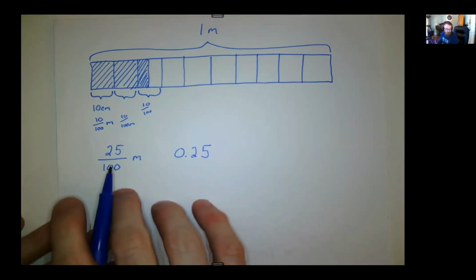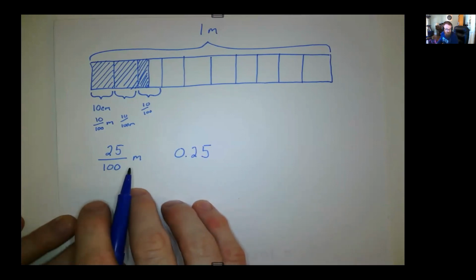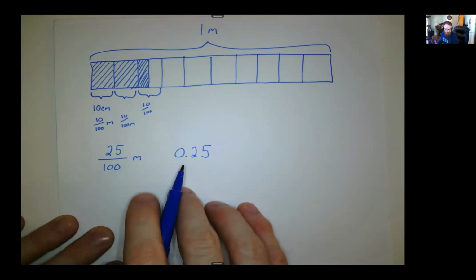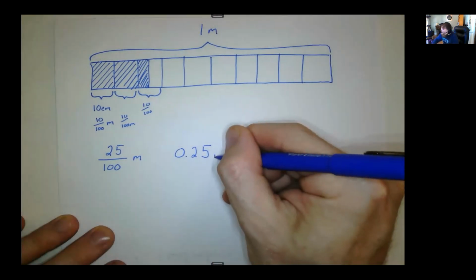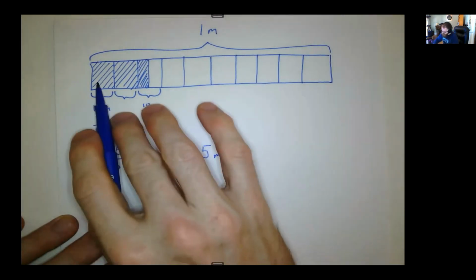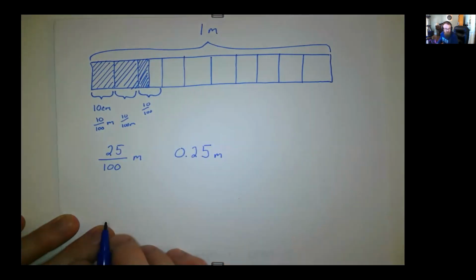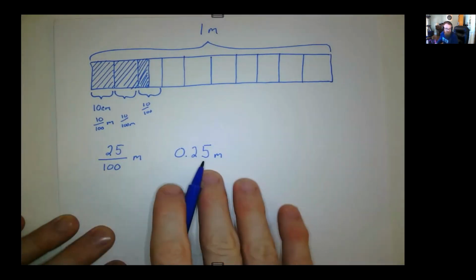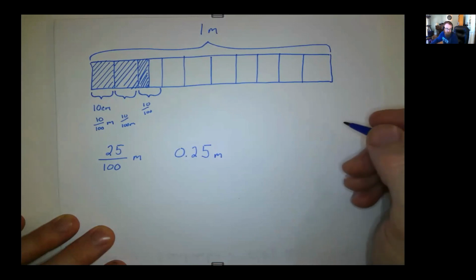So again, we have 25 100ths of a meter, shown 3 different ways: fraction, decimal, tape diagram.